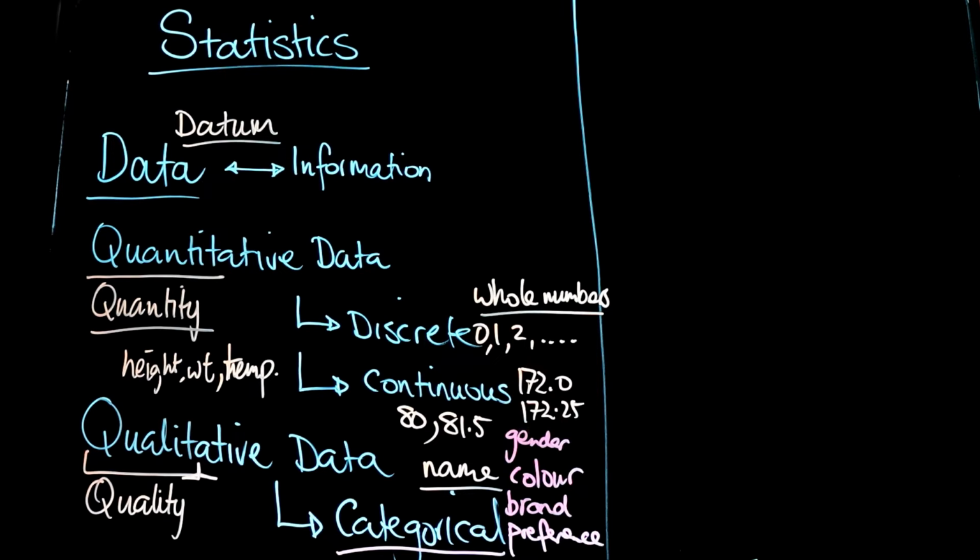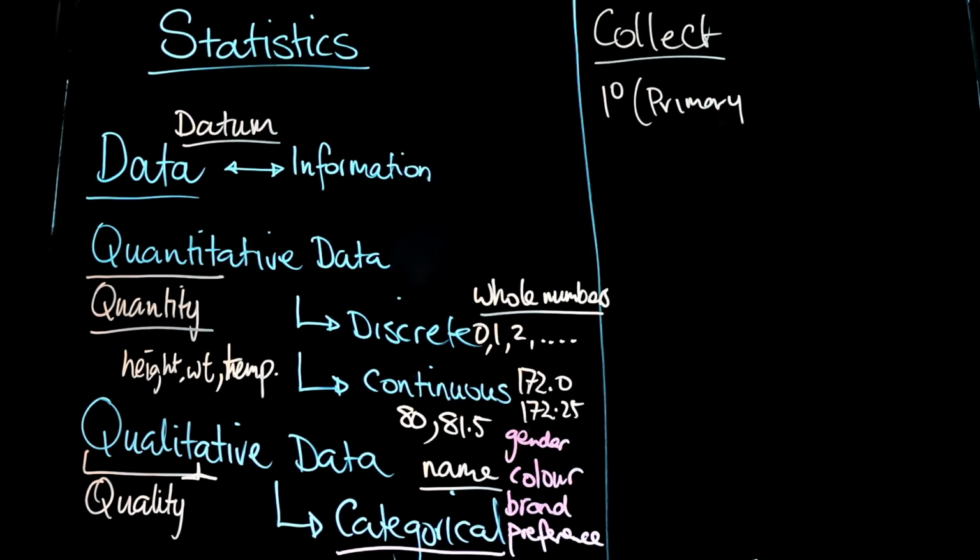So far we've done a lot of talking just about the different types of data, and unfortunately we're not quite done. So we're going to think about how we collect the data, and we have primary, and I've used this symbol here. That symbol means primary sources.